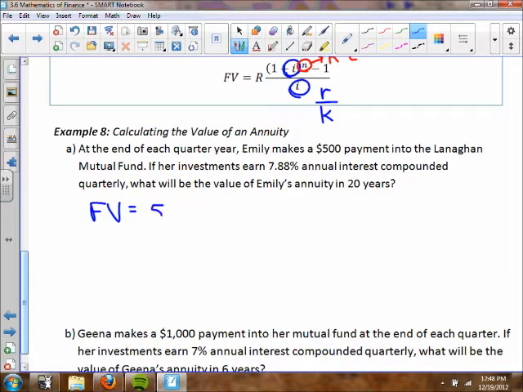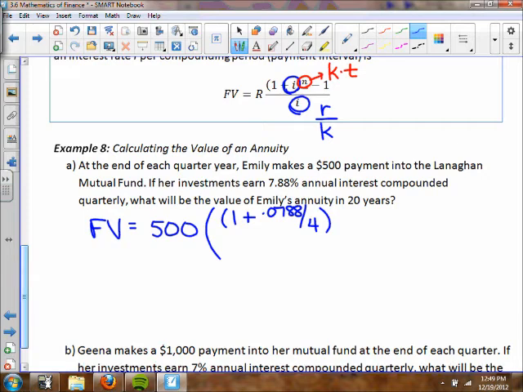That will be our $500 times 1 plus r over k to the power of how many total payments I am making in the 20 years. I'm making 80 payments in the 20 years. Minus 1. All of that over 0.0788 divided by 4.